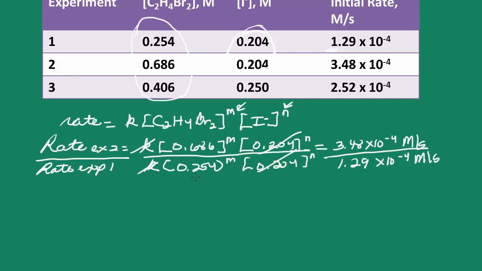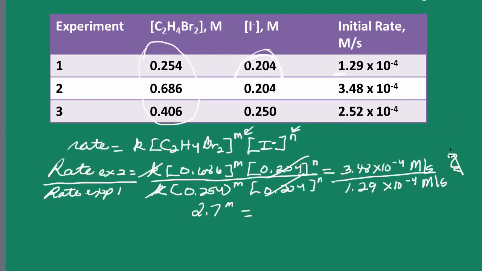So this would be 2.7 to the m power, and that would be equal to, when we divide the initial rates here, 2.7. So in this case, 2.7 to the m power is equal to 2.7. m would have to equal 1.